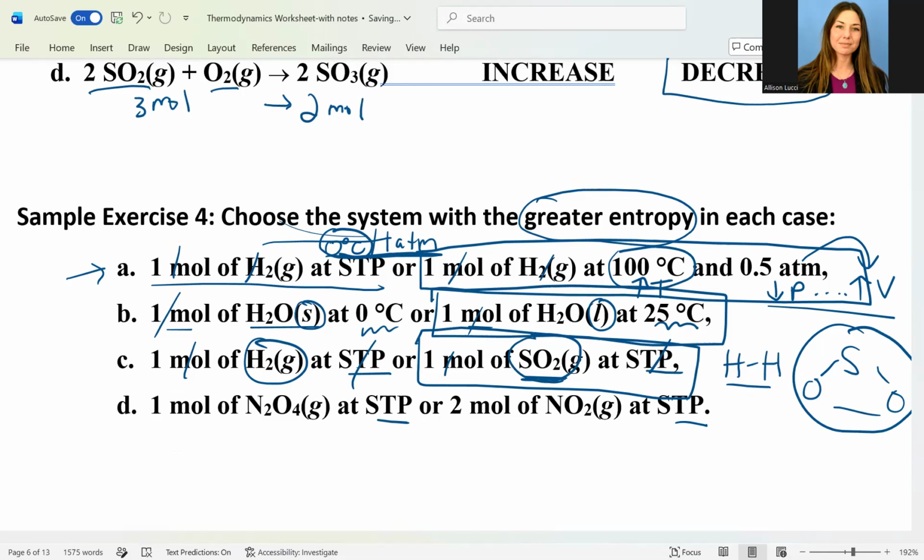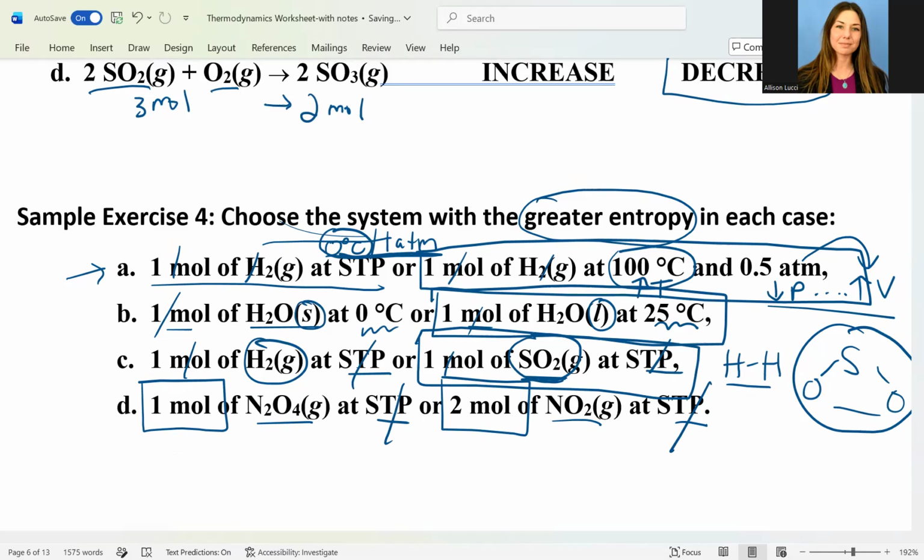All right, our last scenario here. So again, let's compare. STP is the same, so we'll cancel that out. We won't consider that. So I have slightly different structures, but in this case, the sheer number, the moles are double on the right-hand side here.